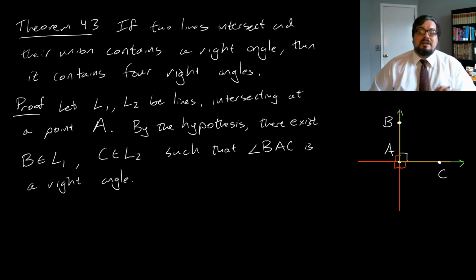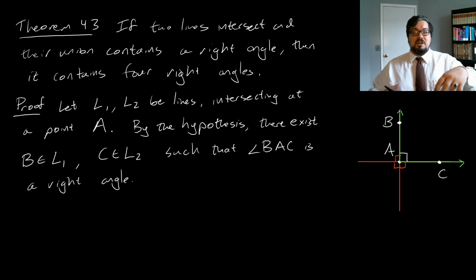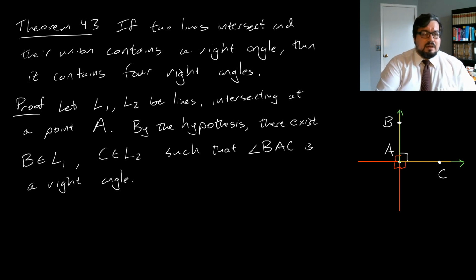Now, I've drawn here my picture with the right angle towards the upper right of the page. And of course, we don't know that ahead of time, but there also wasn't anything else specified about my figure. And so if the right angle happened to be somewhere else, we could just rotate the whole thing. And we haven't messed with it much.